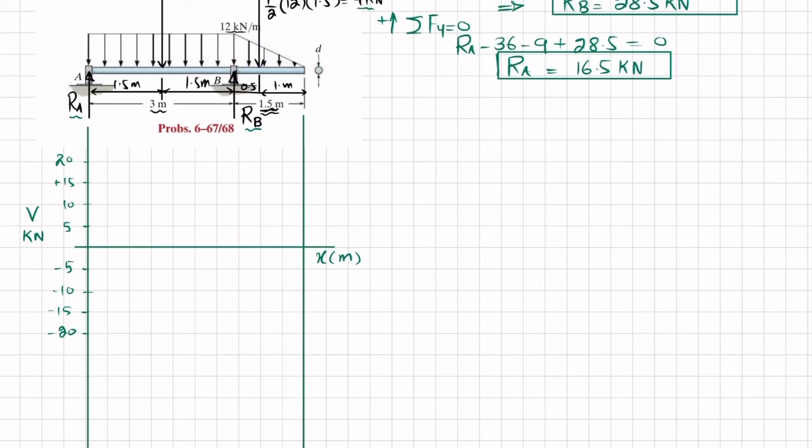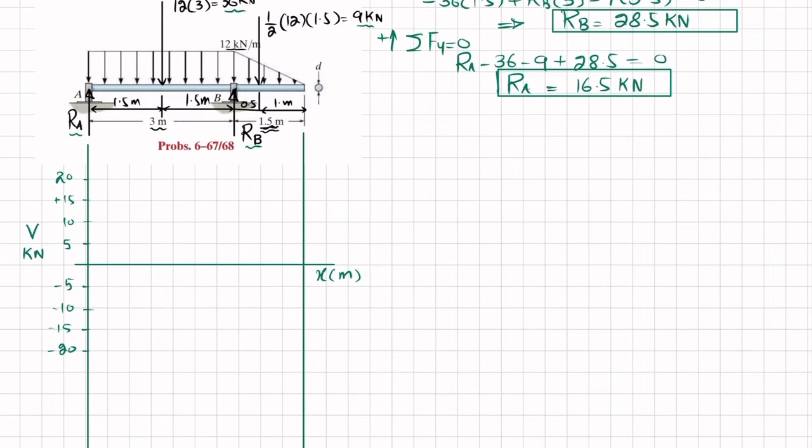At point A, you have RA, which is 16.5, so the first point will be 16.5 kilonewton. Now point B is at a length of 3 meter.